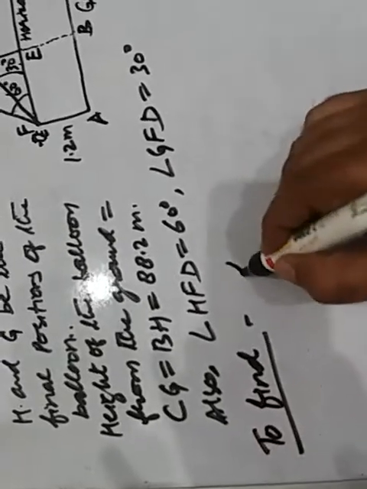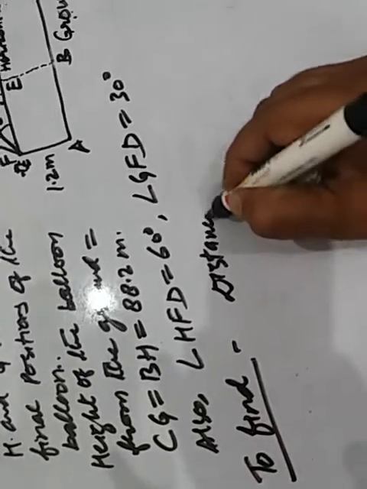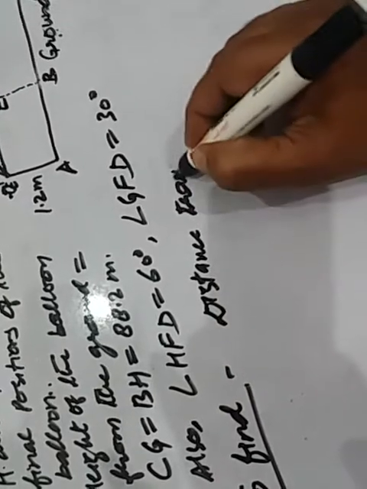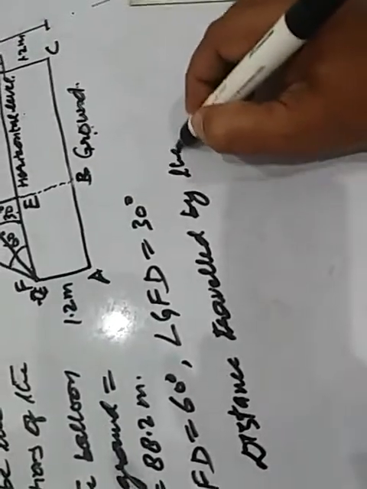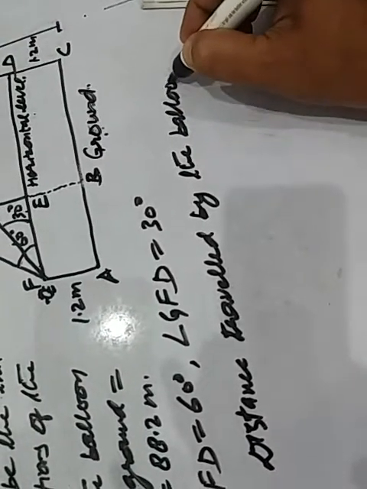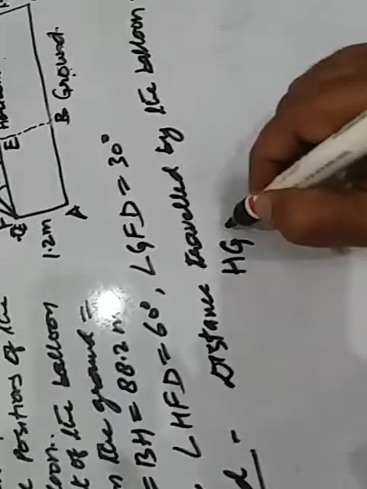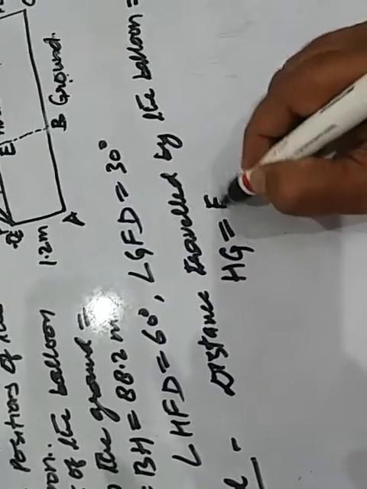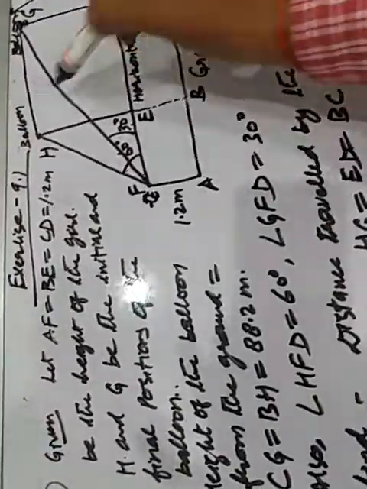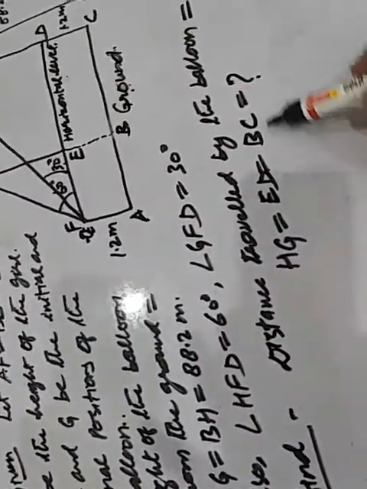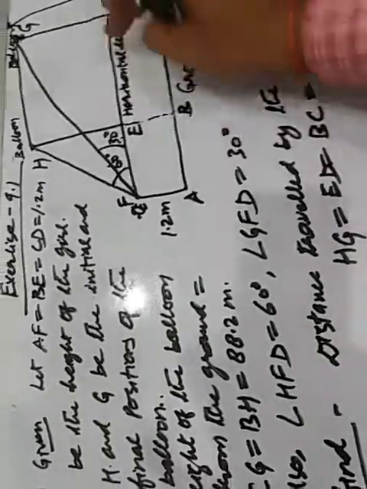That is the distance traveled by the balloon equal to HG equal to ED equal to BC. Okay, children, that we have to find out, right? Because they all are parallel, because they are rectangle. HG equal to ED equal to BC. From this distance and this. Clear? Now let us see.